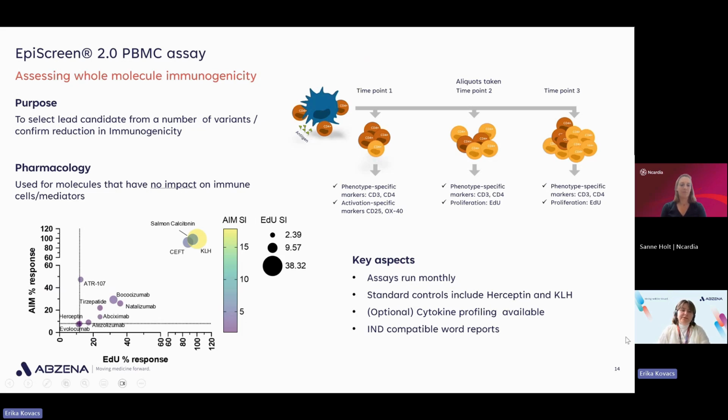We will be able to place your molecules in this 2D space and give you a more detailed interpretation of what your molecule is doing from an immunologic viewpoint. These assays are run monthly, and we will provide an IND compatible Word report in the end.